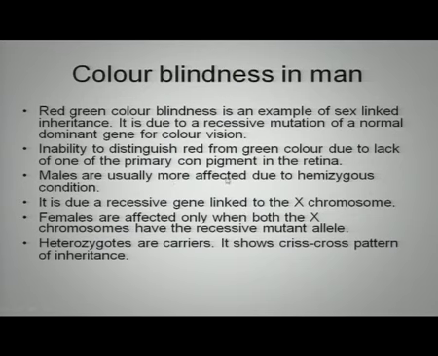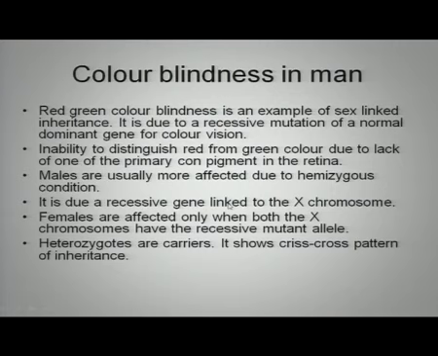Males are usually more affected again due to single allele condition present in the X chromosome, hemizygous condition just like that of hemophilia. And in females, the chance of occurring this particular disease is very less, because both the X chromosomes must contain the recessive allele.